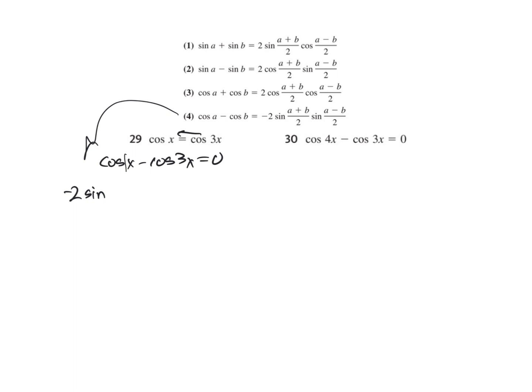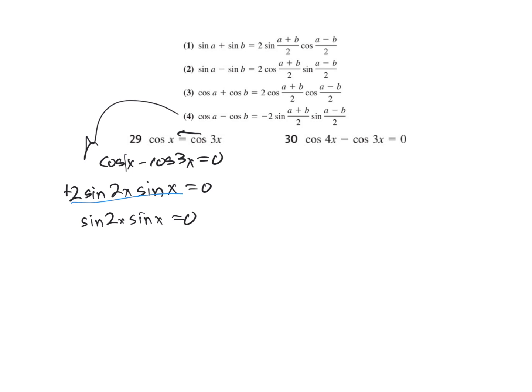So 1 plus 3 is 4, divided by 2 is 2, times the sine of 1 minus 3 is negative 2 over 2, so that's just x. The negative goes out in front. Again, we divide off the 2, the coefficient, and we get sine of 2x times the sine of x equals 0.